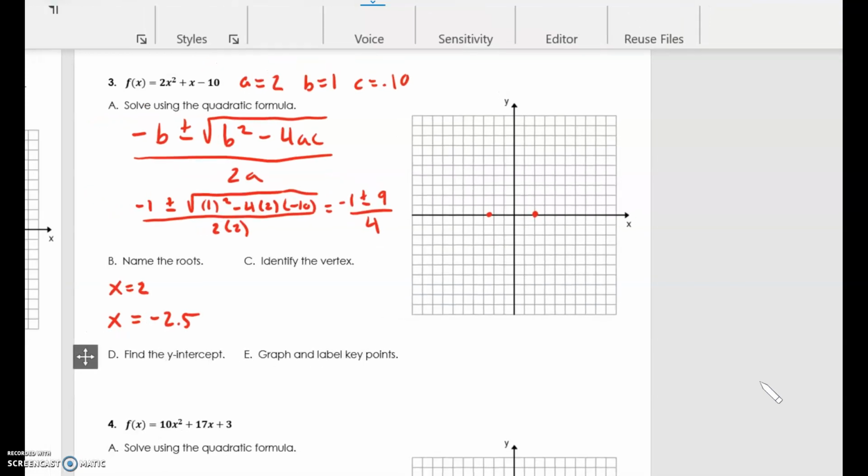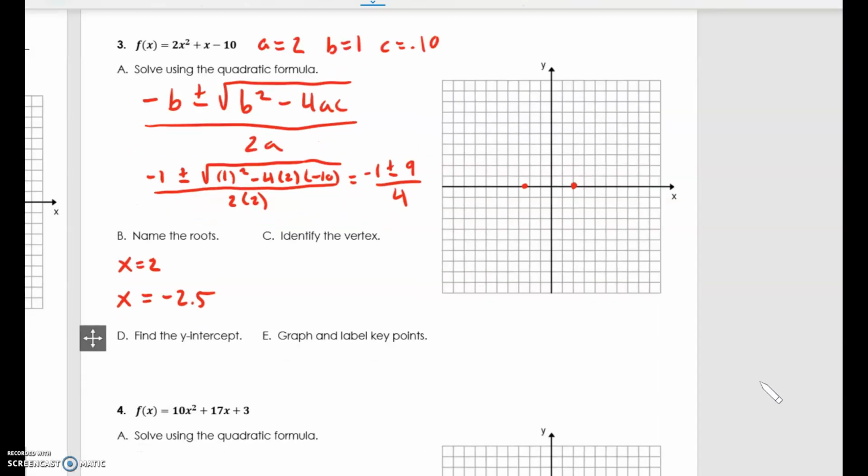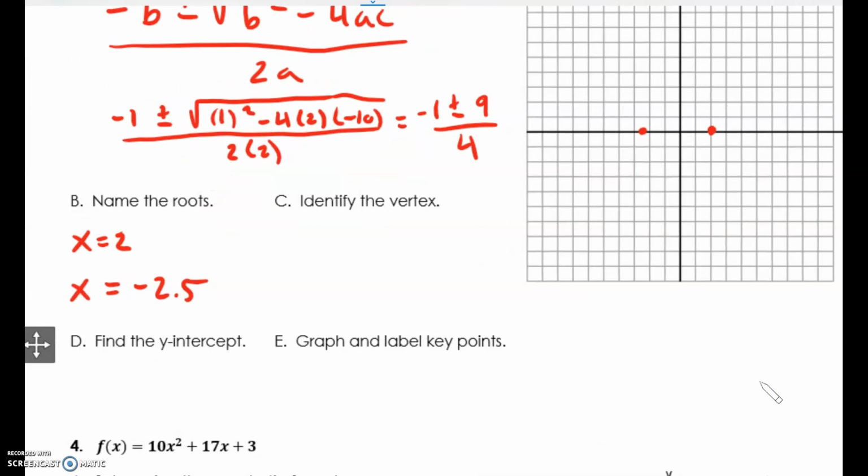Okay, and remember the vertex takes place in the middle of those. So I've got to figure out what's that distance. So we talked about really what we're doing is we're just averaging our roots. So if I do 2 plus negative 2.5, that's negative 0.5, and then divide that by 2, that's negative 0.25. So if you're wondering what I just did, I averaged the roots. I did 2 plus negative 2.5, I divided that by 2.